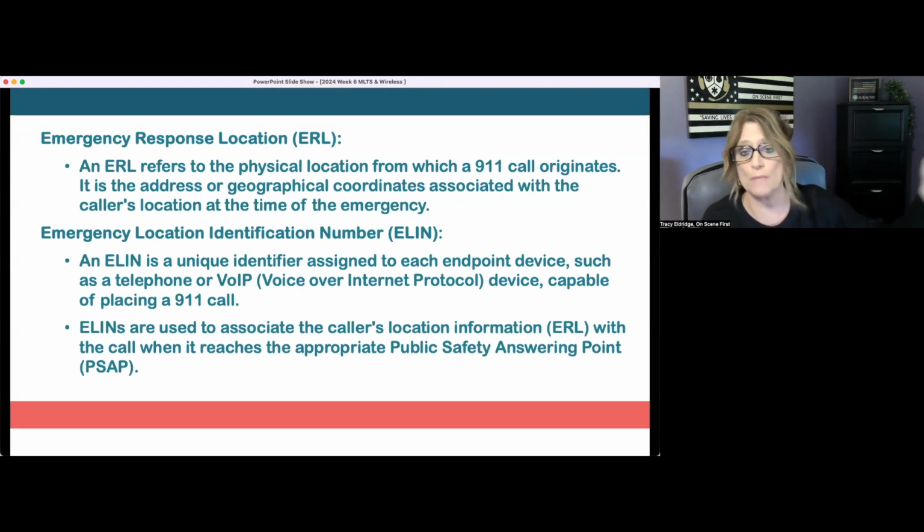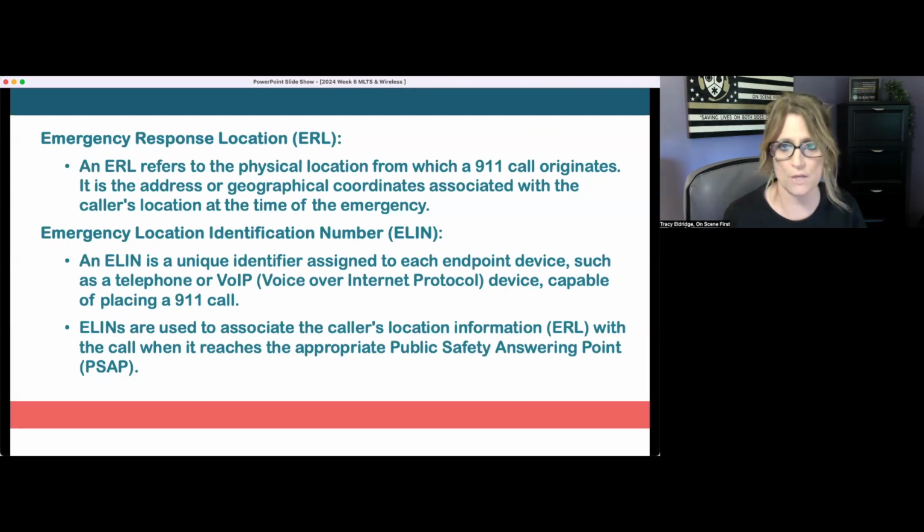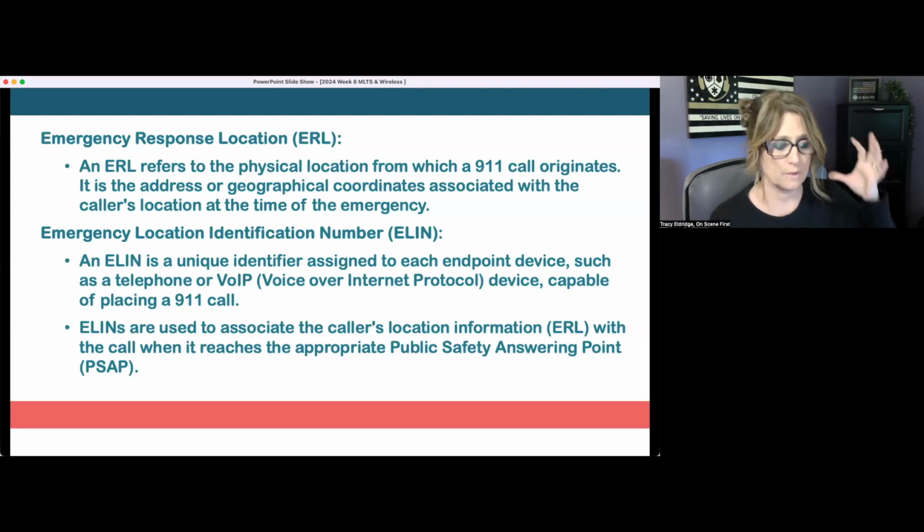That's not a term that we generally hear in 911. You wouldn't say, oh, what's their ERL? We more use the term ERL when we're referring to the location within the location. Meaning, if we have a campus, if it is a college, if it is a hospital campus, if there are several buildings, that's where the ERL comes into play.